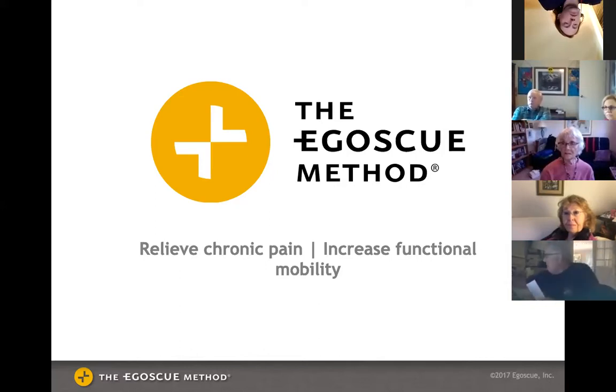So we prescribe exercises to retrain the muscles so that your body moves better. It's not just a matter of being aware of it and trying to force your knee or foot to point straight all the time. Let's figure out why it's not pointing straight, correct it with some exercises, and then let the body do its job. So hopefully that helps.